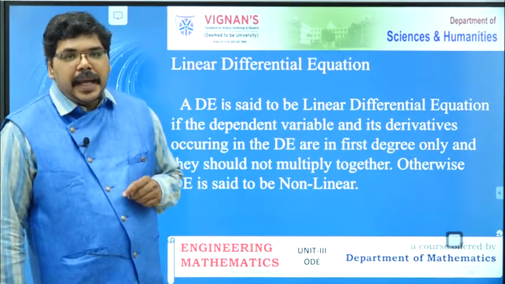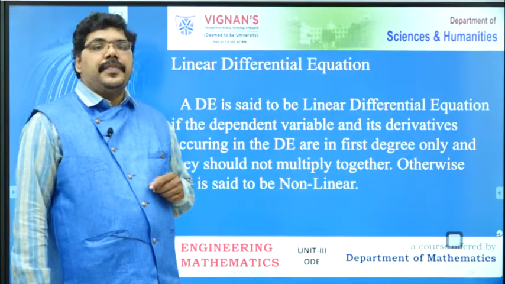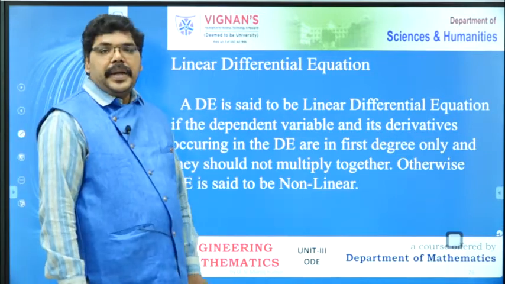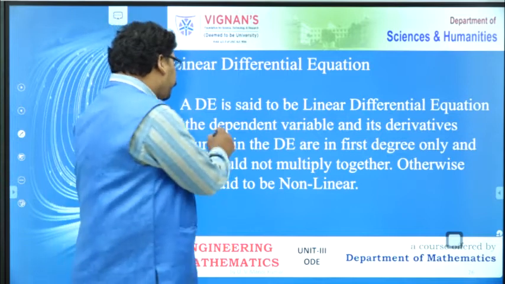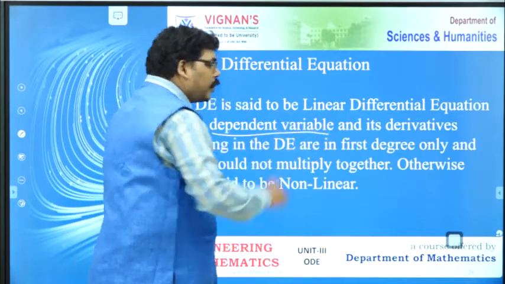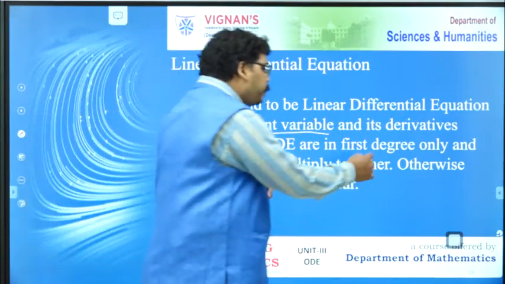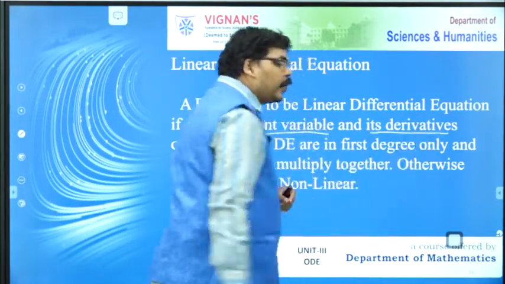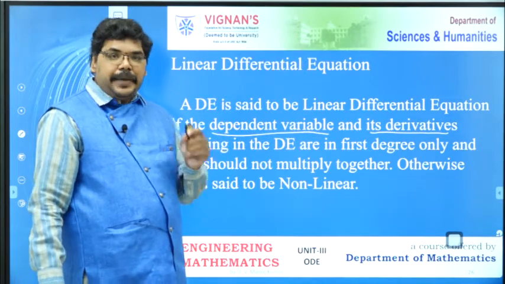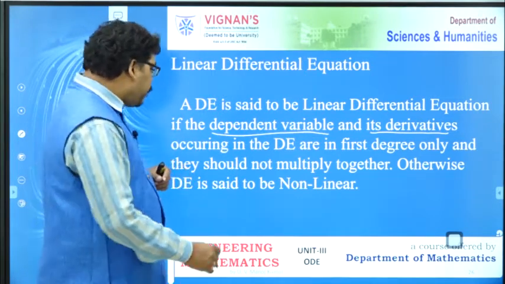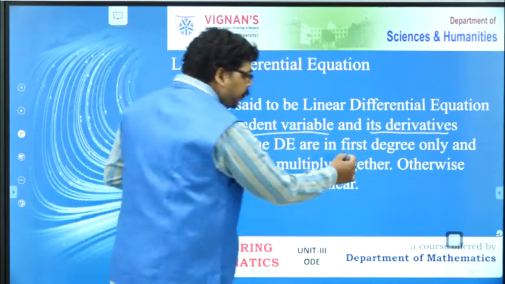So when we say a first order first degree differential equation is linear, the dependent variable and its derivatives should be of degree 1 and should not be multiplied together.